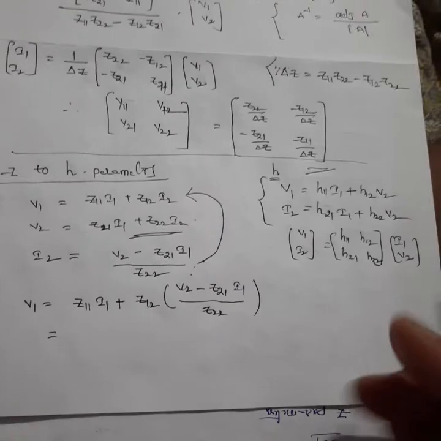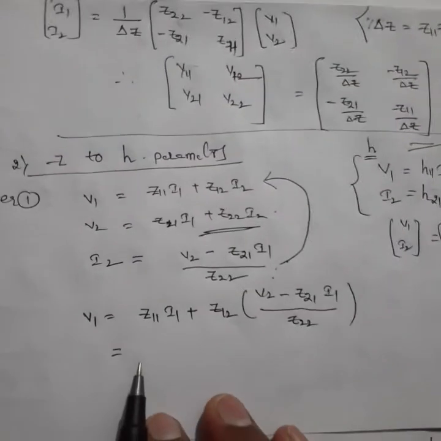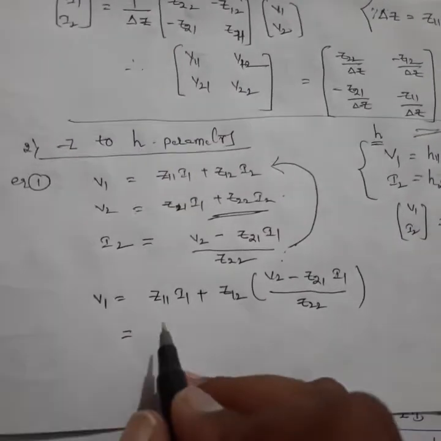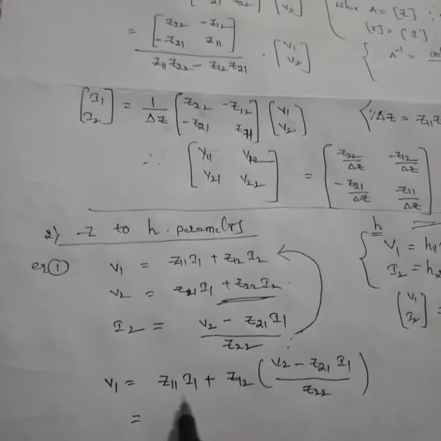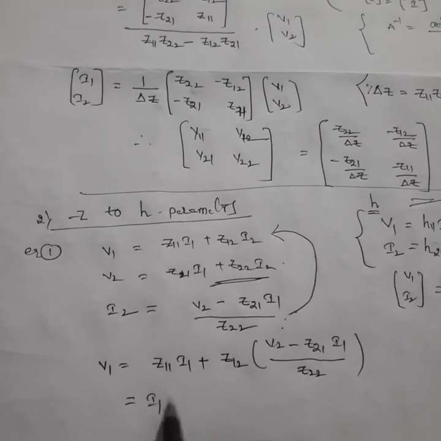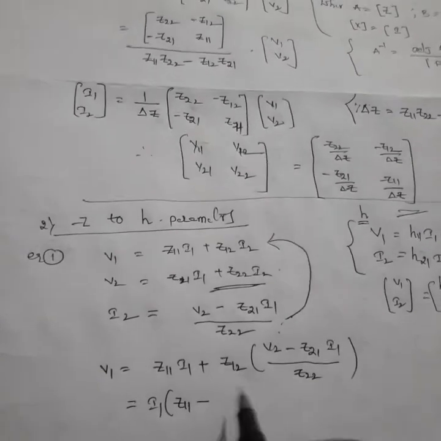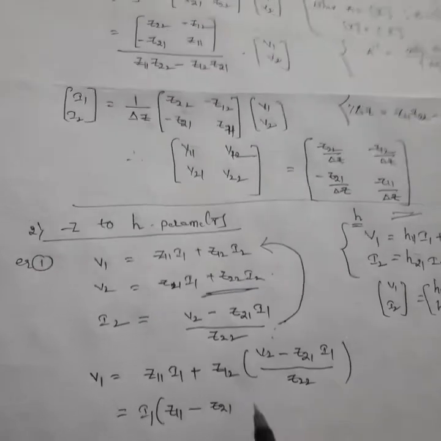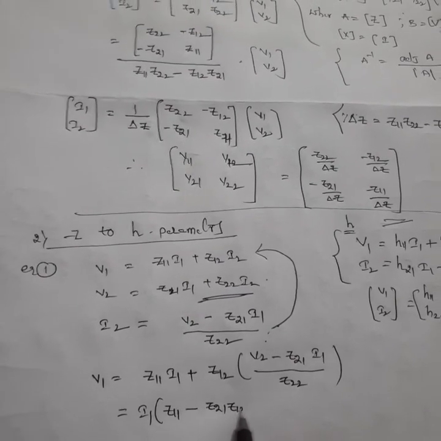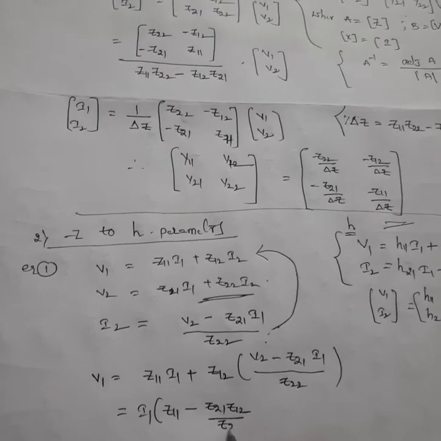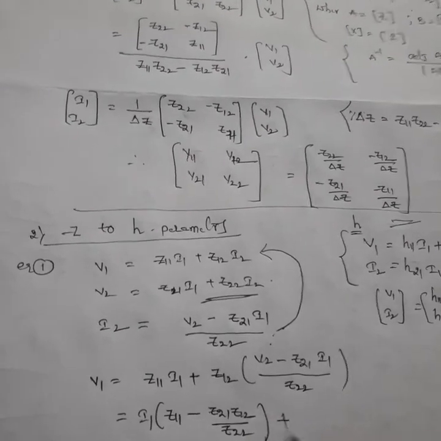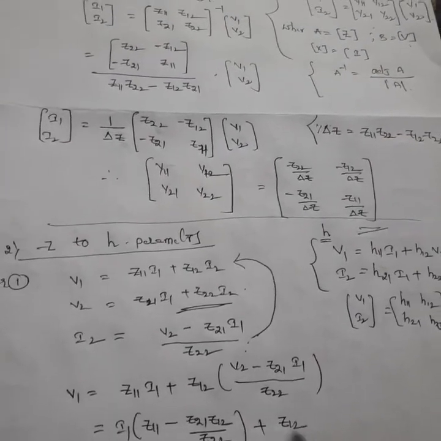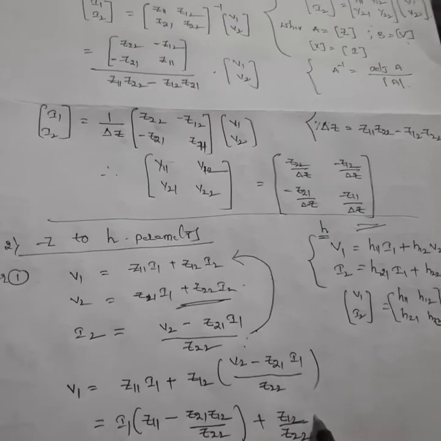This is simplified. I am simply getting the solution. In terms of i1, I am taking i1 as common: z11 minus z21 z12 by z22, plus z12 by z22 v2.